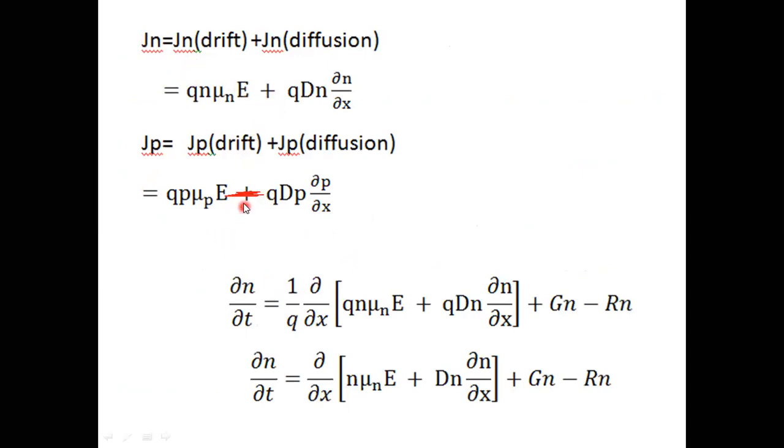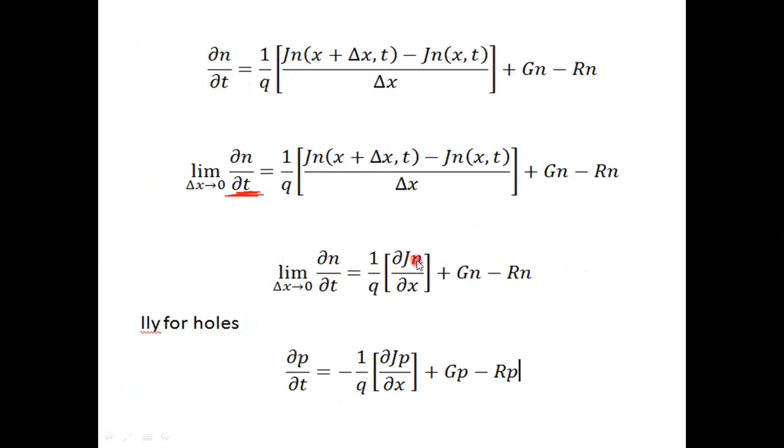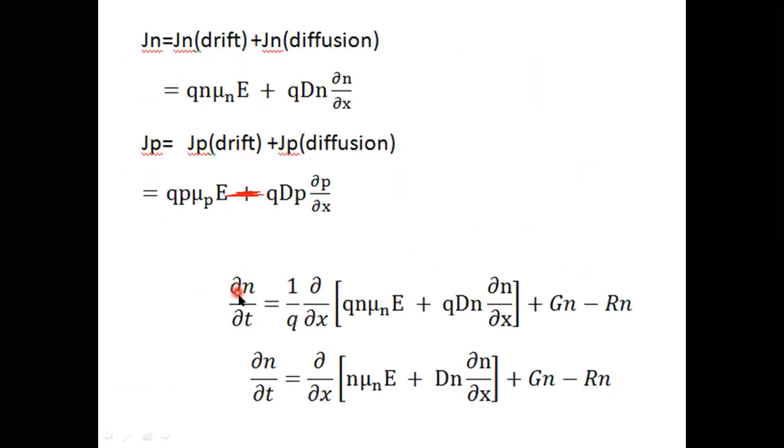Right? So if we substitute Jn here in this place, I will get dou n by dou t equal to 1 by q dou by dou x of, in the place of Jn, I'm writing this equation, plus Gn minus Rn. So dou n by dou t equal to dou by dou x. q gets cancelled here. So n into mu n into E plus Dn into dou n by dou x.